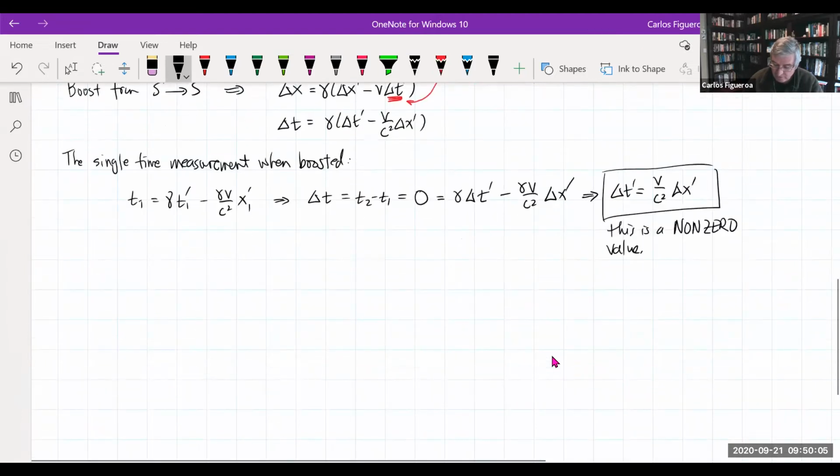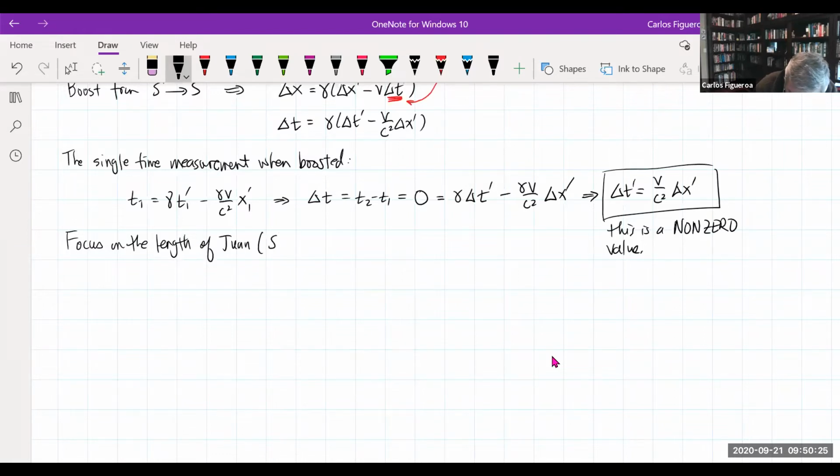So now if I keep going along here, now that I have that, I focus on the length of Juan, which is the S frame.